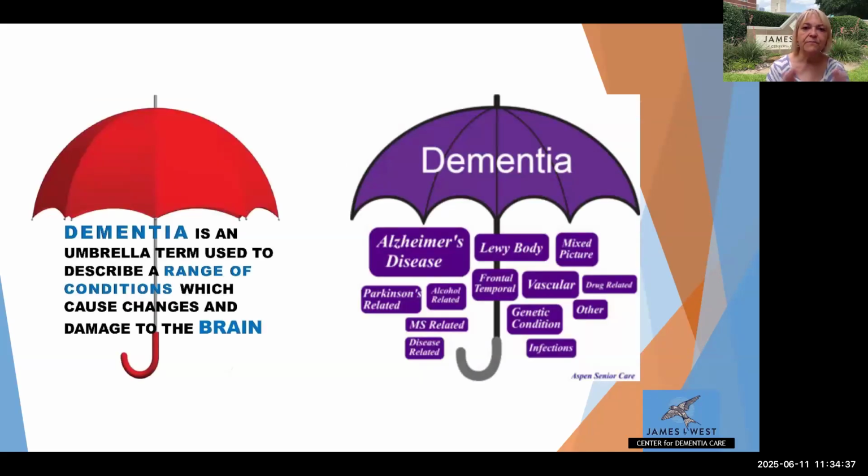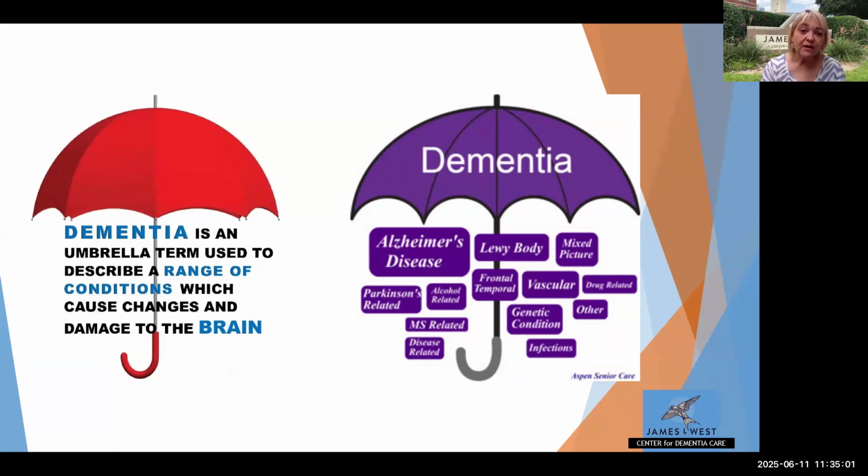And let's start with just some basic dementia general information. Again, high overview. So that word dementia. Dementia is just an umbrella term itself. It's used to describe a range of conditions which cause changes and damage to the brain. Under the dementia umbrella, there's over 130 different types of dementia.